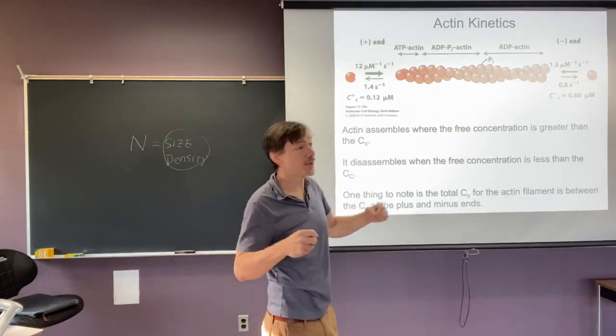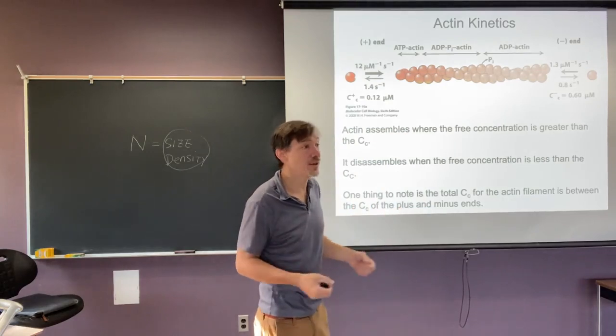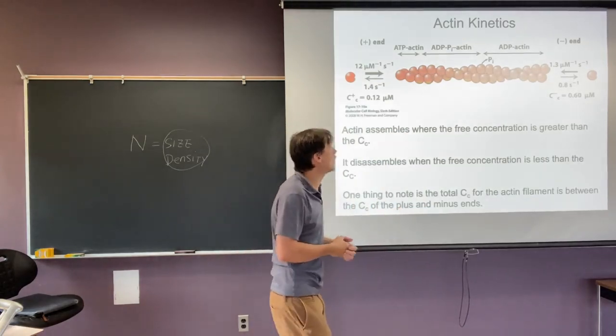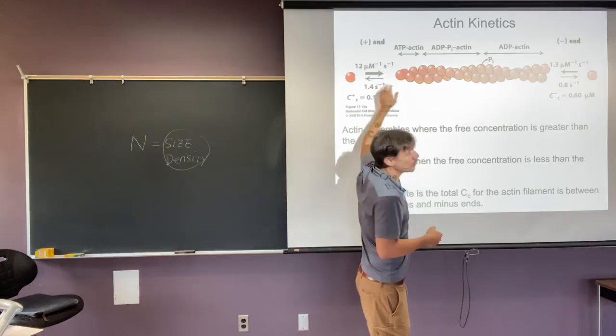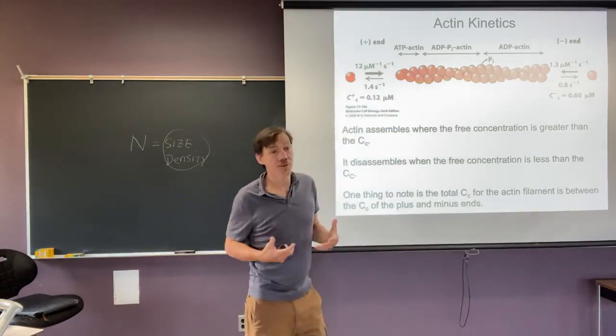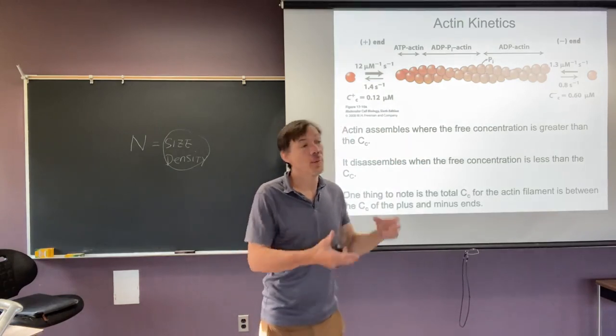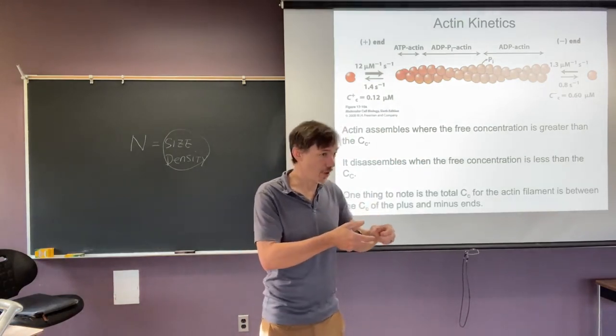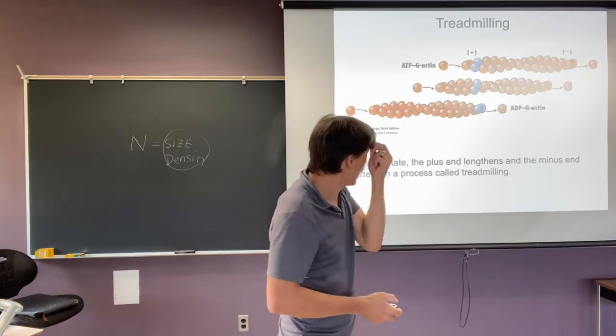So assembly depends on the concentration of free actin, and at the same time, there can also be disassembly from the filament, and of course that's independent of the concentration of soluble actin, because this is all happening in the filament.